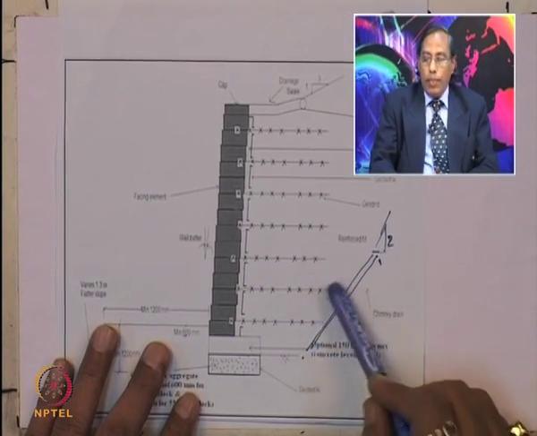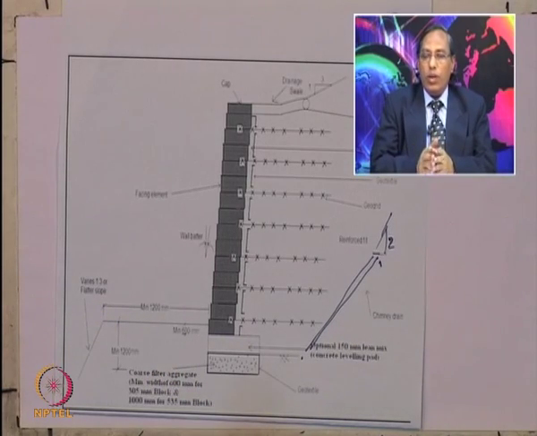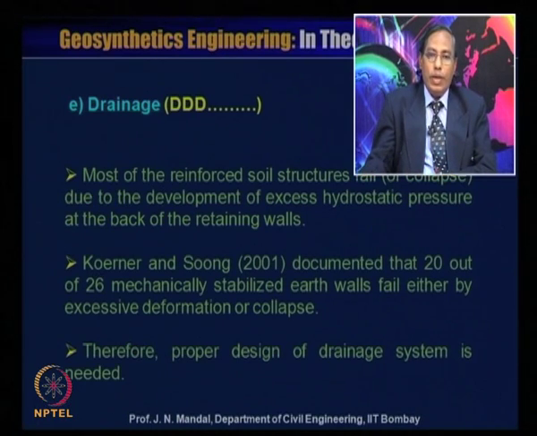So, this is very important. Koerner and Soong 2001 documented that 20 out of 26 mechanically stabilized earth walls failed either by excessive deformation or collapse. Therefore, proper design of the drainage system is needed.